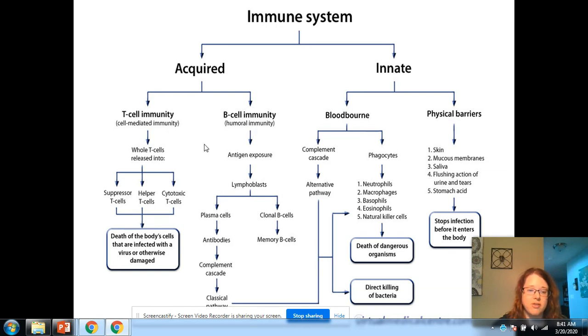Again, these are specific types of immunity, and basically what that means is once you get infected with something, your body remembers it and it can fight it off quicker next time, and that's what acquired is. So I'll get into that later, but I really like this diagram, and I thought it would definitely benefit you guys as you learn about the immune system.